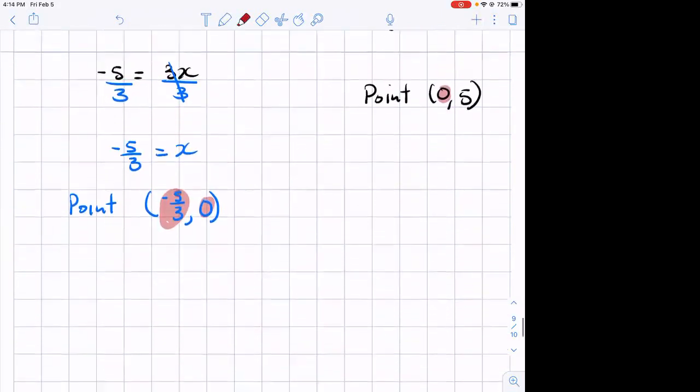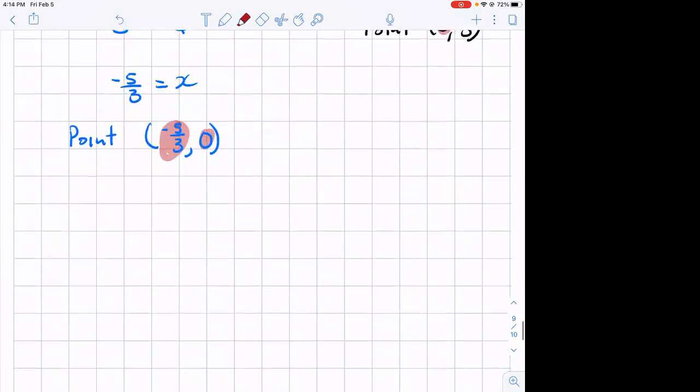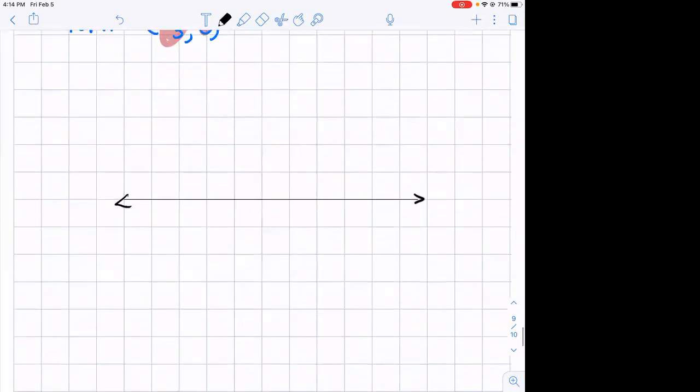Now, how do we plot these points? Well, we just have to be a little careful, okay? And neat. We just have to be careful and neat.